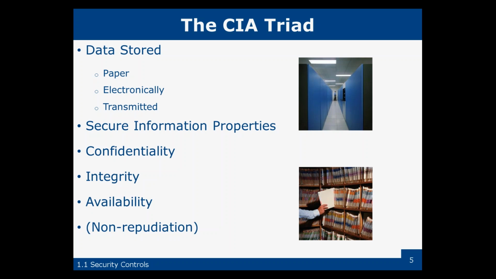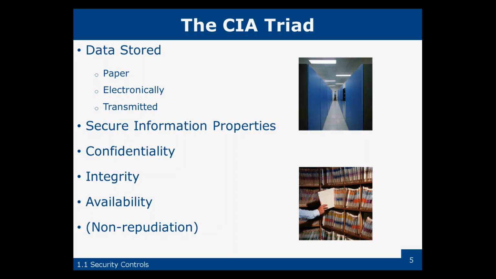Integrity means that what we sent was what actually got there, that something wasn't changed en route, or if it's being stored, that something wasn't changed while it was in storage.